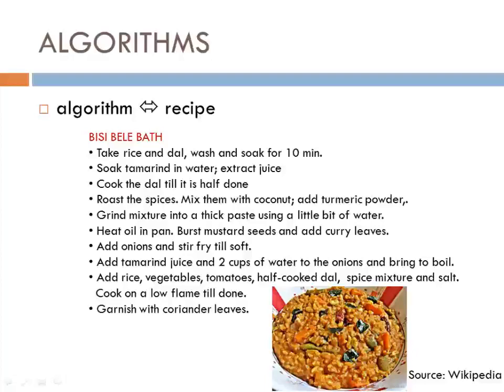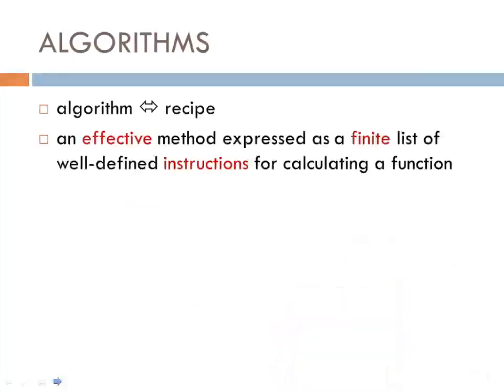So more formally, you can think of an algorithm as an effective method expressed as a finite list of well-defined instructions for calculating a function. These instructions should be doable by a computer, and we require that this is a finite list of instructions.